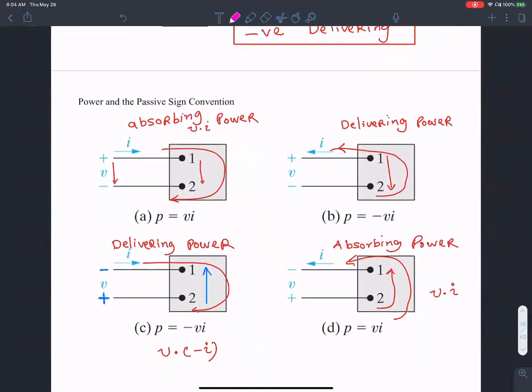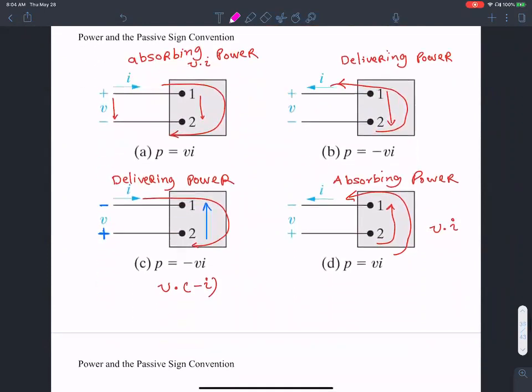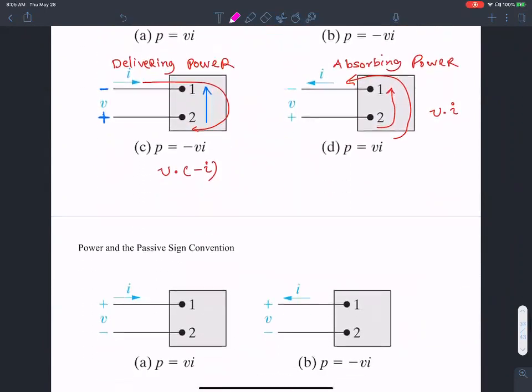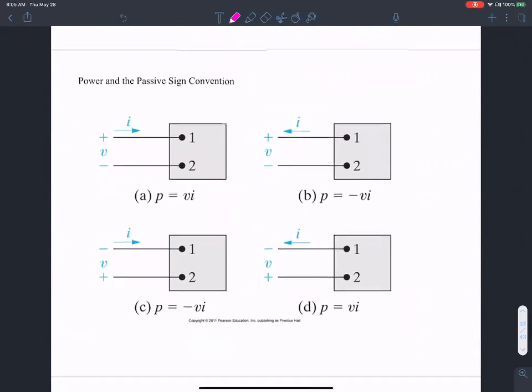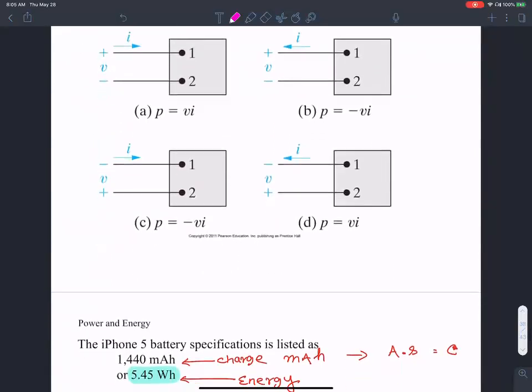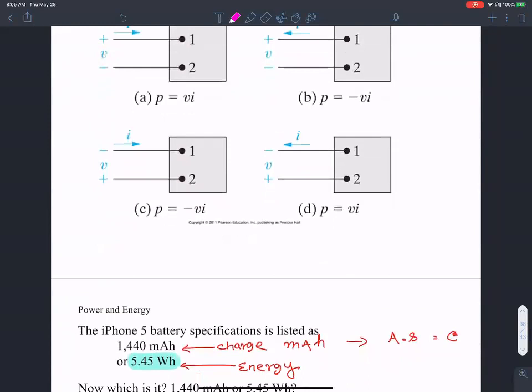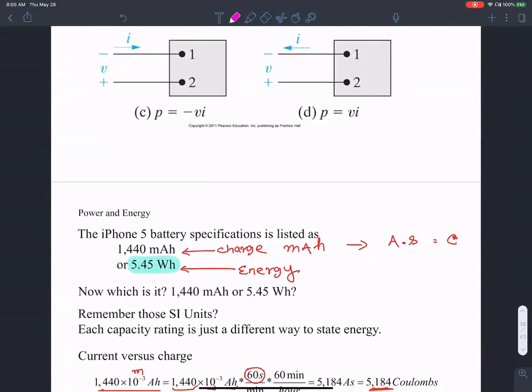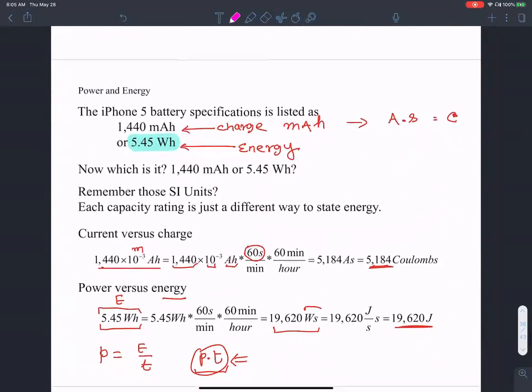We looked at different examples of when a system is absorbing power or delivering power. Sometimes the same circuit element could be doing 2 different things at 2 different times. Like a battery could be absorbing power when it is charging, and delivering power when it is lighting up a screen.